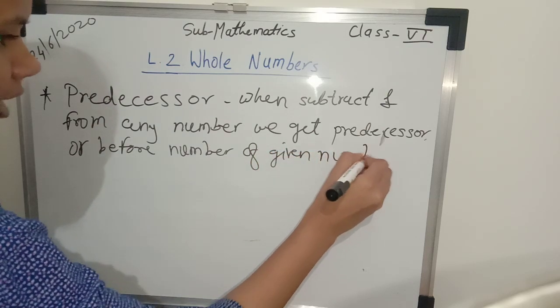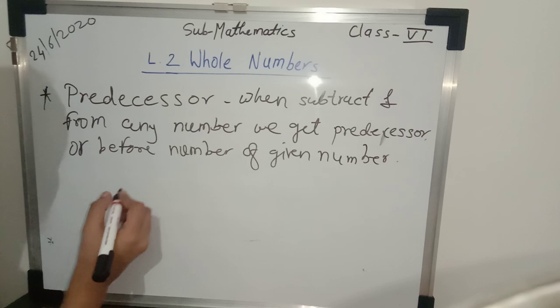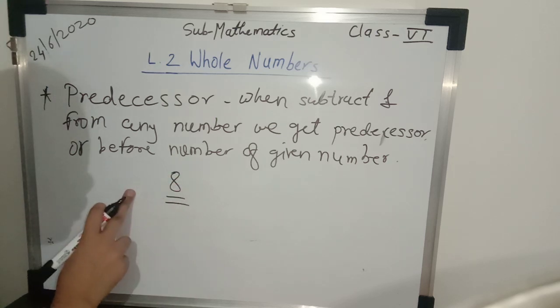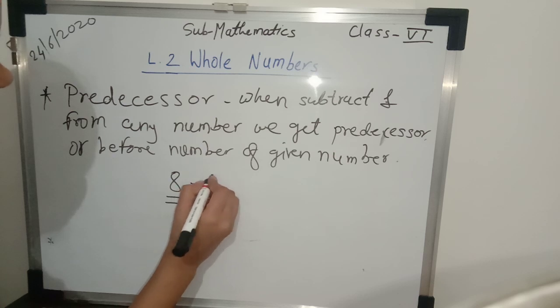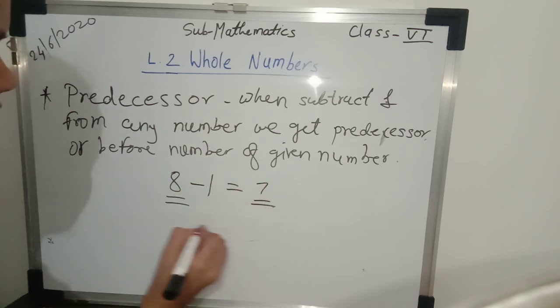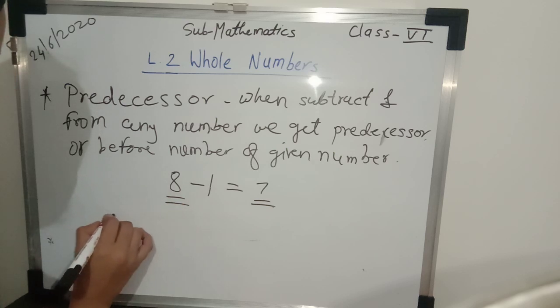Let's see the example. If 8 is there and I want to know the before number of 8, what I will do is minus 1 from it and I will get 7. So 7 is the predecessor of 8.